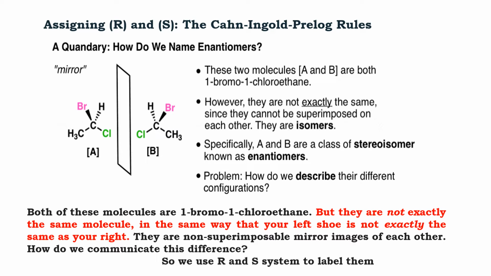So we have to definitely identify which is the object and which is its non-superimposable mirror image. For this purpose, we use the R and S configuration, which is also called absolute configuration.